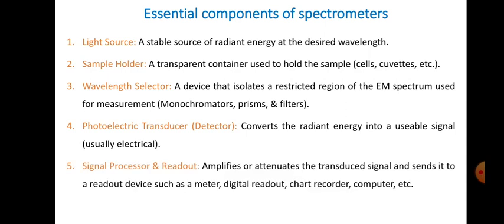So we need a signal processor and readout system which amplifies and or attenuates the transduced signal and sends it to the readout device, such as a meter, digital readout, chart or the spectrum, which we can understand. So these are the 5 essential components of any spectrophotometer which must be in the device.